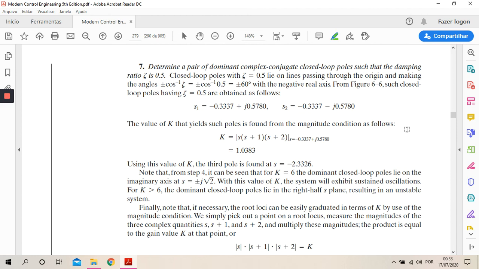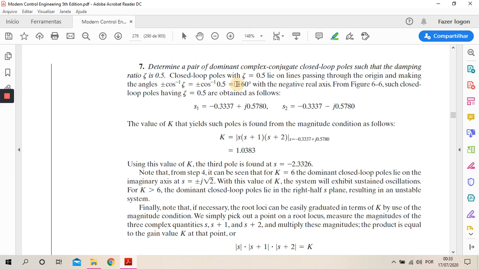Closed loop poles with ζ equal to 0.5 lie on lines passing through the origin and making the angles plus or minus the inverse cosine of ζ, equal to plus or minus the inverse cosine of 0.5, which is equal to plus or minus 60 degrees with the negative real axis.